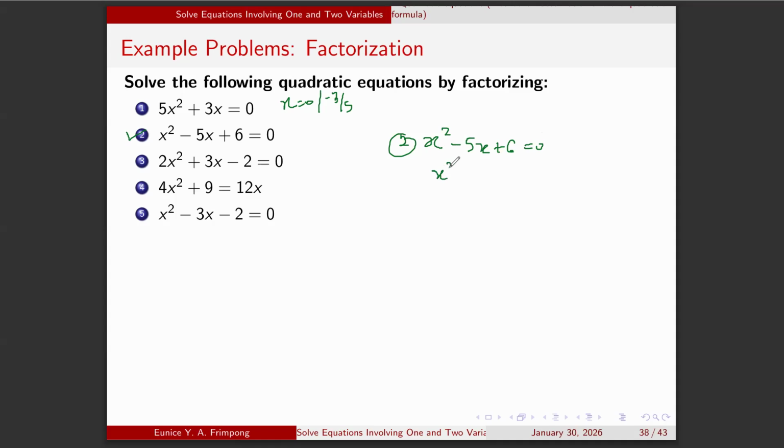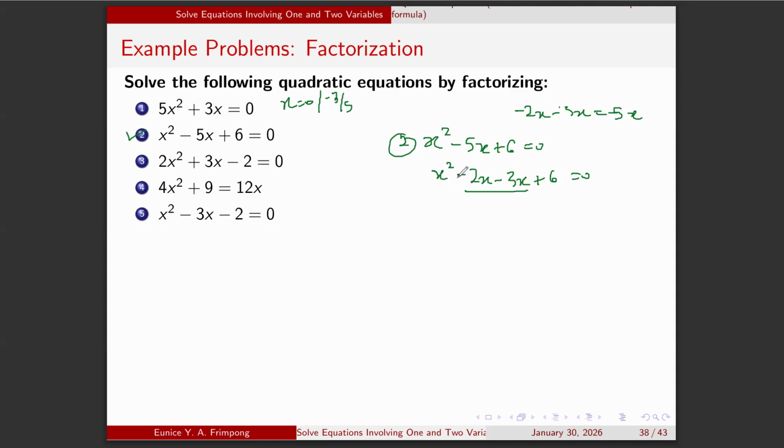So I have x squared, and I'll break it up. I'm going to make it minus 2x minus 3x plus 6 equals 0. Nothing has changed. This minus 2x minus 3x is the same as minus 5x. So I just opened up this minus 5x to look like minus 2x minus 3x.